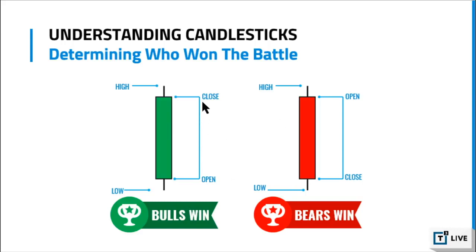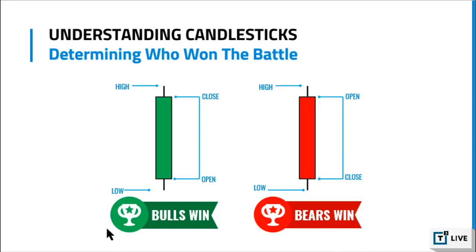But if it's a green candle, if it's color-coded green, it means the open must have been at the bottom of that green and the close was at the top of it. And vice versa if it's a red candle. The open is at the top, at the start of that red, and the close is at the bottom. That's how you can tell it closed below where it opened.